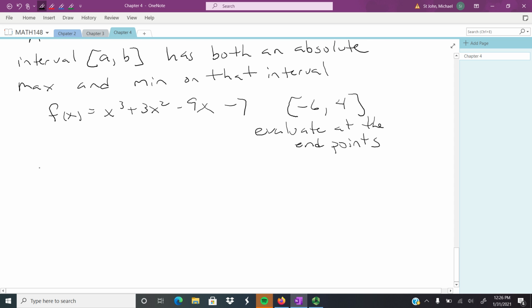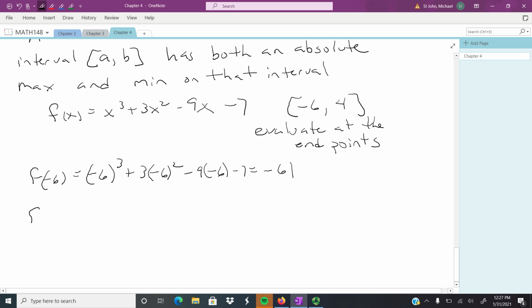So we want first the f of -6, which will be -6 cubed, 3 times -6 squared, minus 9 times -6 minus 7. And we do this, we get -61.